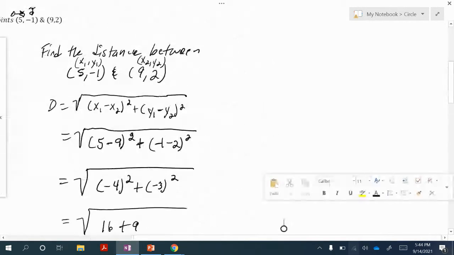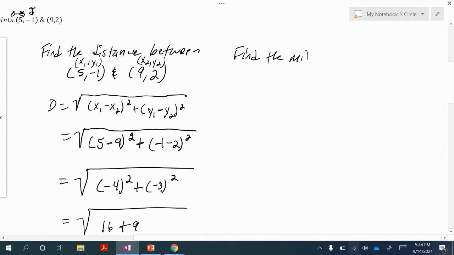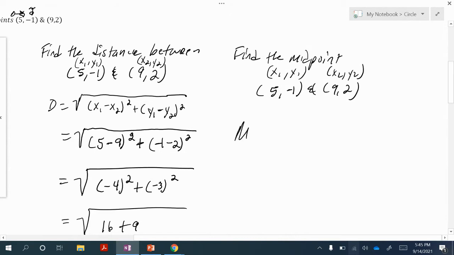Now let's take a look at the midpoint. So we're going to take the same 2 points and we're going to find the midpoint. So again, x1, y1, x2, y2.